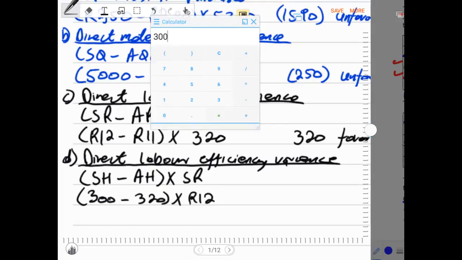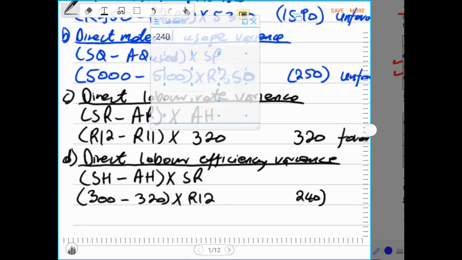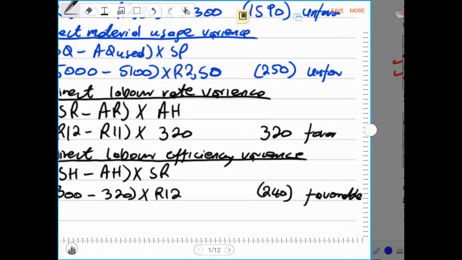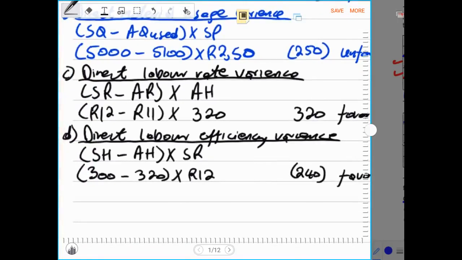Therefore, this will give us once again an unfavorable variance. 300 minus 320 times 12 Rand gives us 240 as an unfavorable variance. And as I did mention to you, when the variance is negative, it does not mean that it is automatically an unfavorable variance. It depends on what you started with.